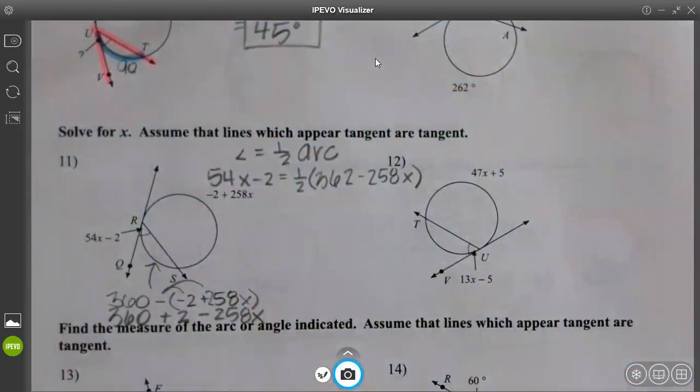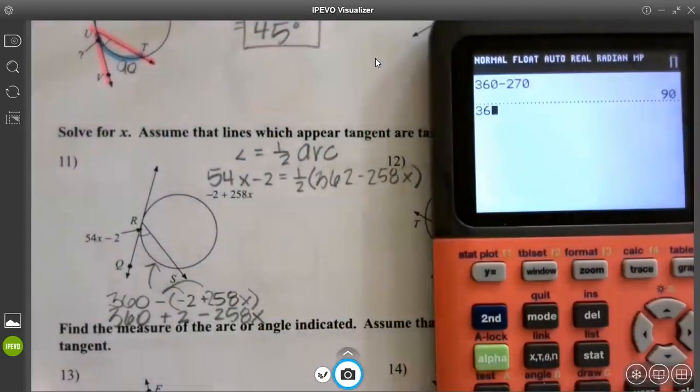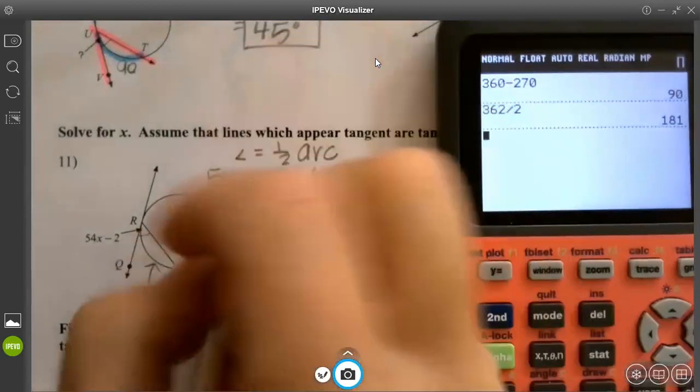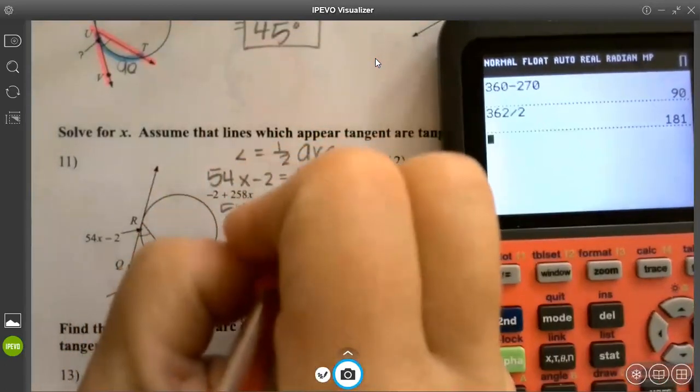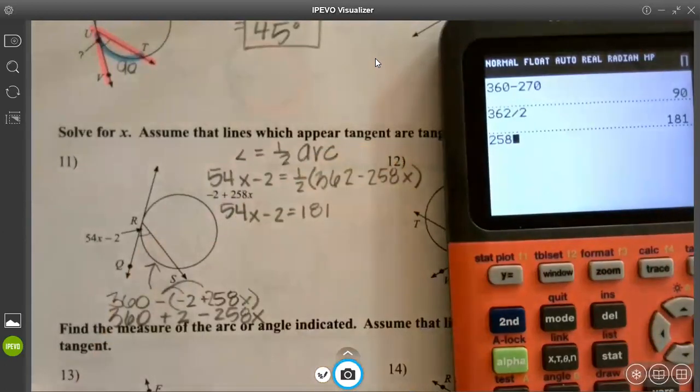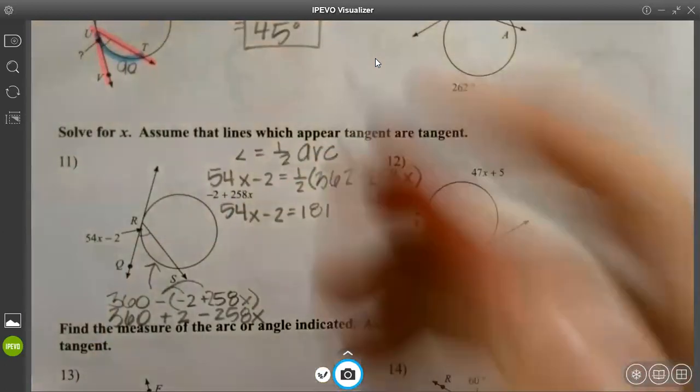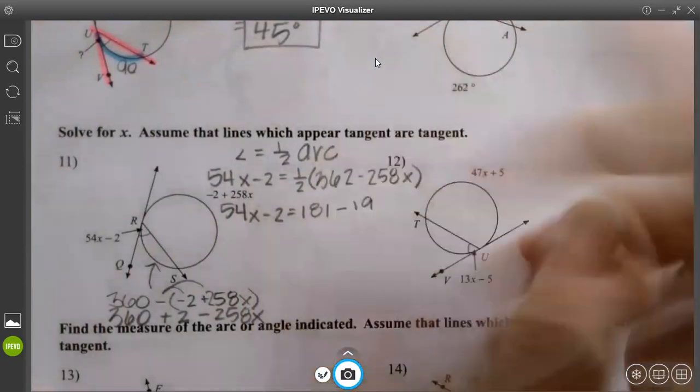It doesn't matter from here. You can either multiply the left side by 2 or divide the numbers inside. If they're even numbers, I would just go ahead and divide them by 2. It'll be fine. If they leave you with decimals, I probably wouldn't do that. So 362 divided by 2 is 181. 258 divided by 2 is minus 129x.